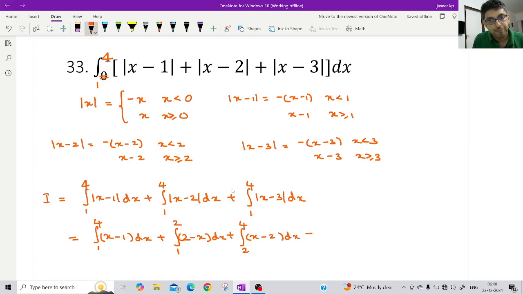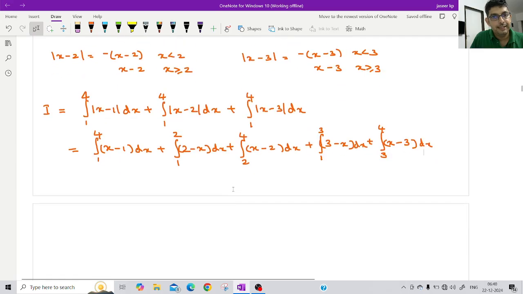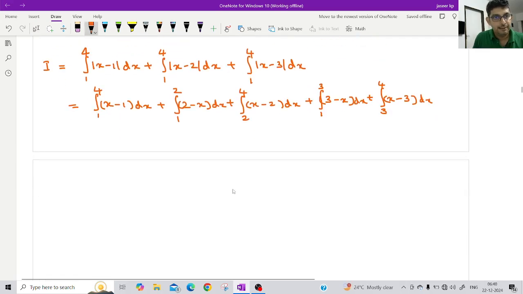And same way for 1 to 4 modulus of x minus 3, it is to be split 1 to 3 plus 3 to 4. This is 3 minus x dx plus x minus 3 dx. So now we will integrate one by one and then we will apply the limits. Integral of x is x square by 2, minus 1 is x.